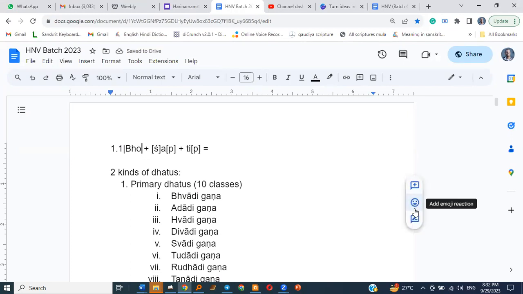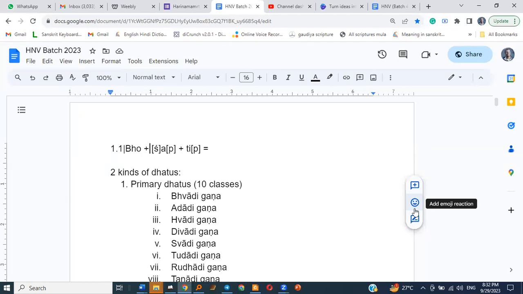Dhaturantasya Guna Pratyaye. I'm sorry, we are considering Shap here because Shap is intervening. So Shap is a Sarvadhatuka because it has the indicated letter Sha, and it is also Prithu because it has the indicated letter Pa. This is Sarvadhatuka because it has the indicated letter Sha, and this is Prithu because of Pa.